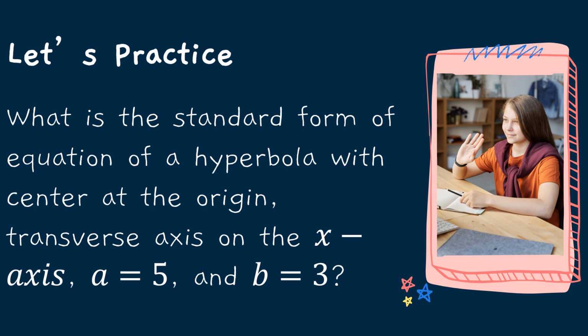Going to the next slide, the center is at the origin, so it is important to know the values of h and k. But remember, one of the most important parts of having the properties or the equation is the orientation.